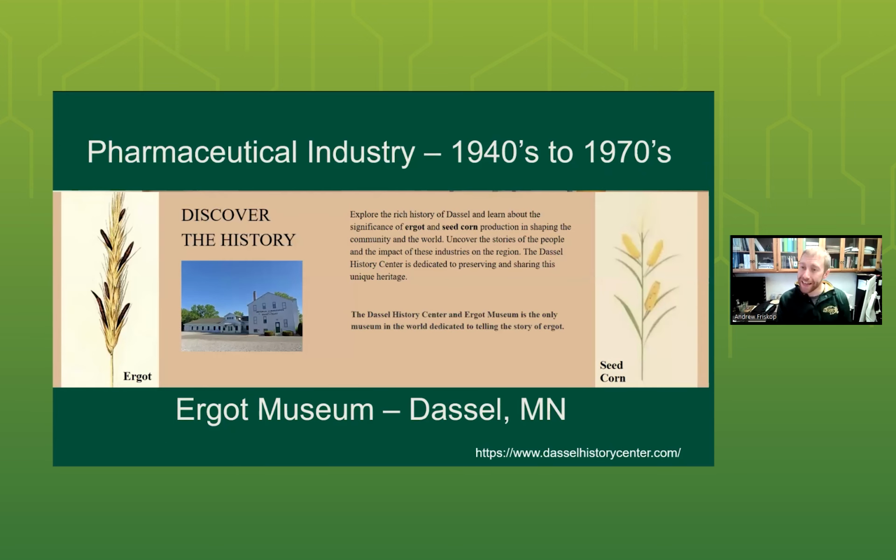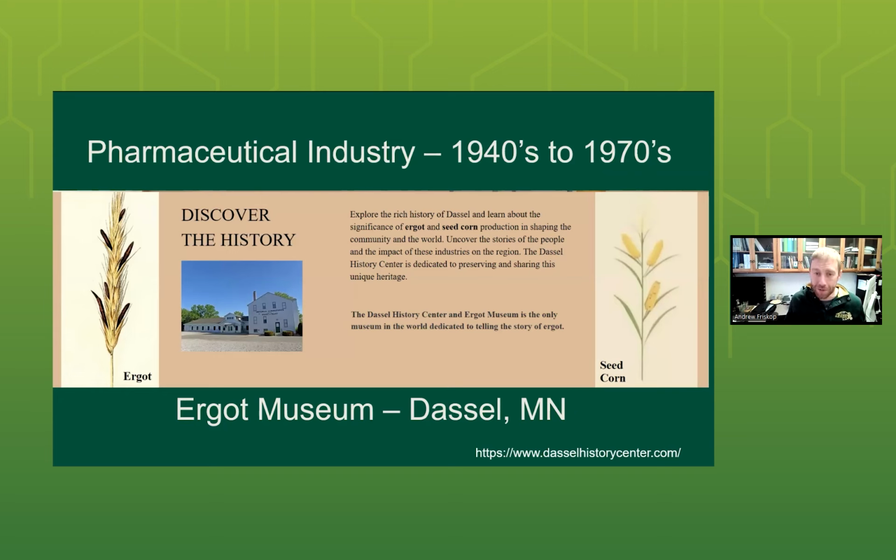Now, taking you into the 1900s, one that does get brought up still to this day with some of the growers I talked to is the use of ergot in the pharmaceutical industry. We know that it's a vasoconstrictor, and we know that in some cases it was being used in the pharmaceutical industry to help with bleeding, help with migraines. Because of that, there's actually one of the centers of ergot production, which is in Dassel, Minnesota.